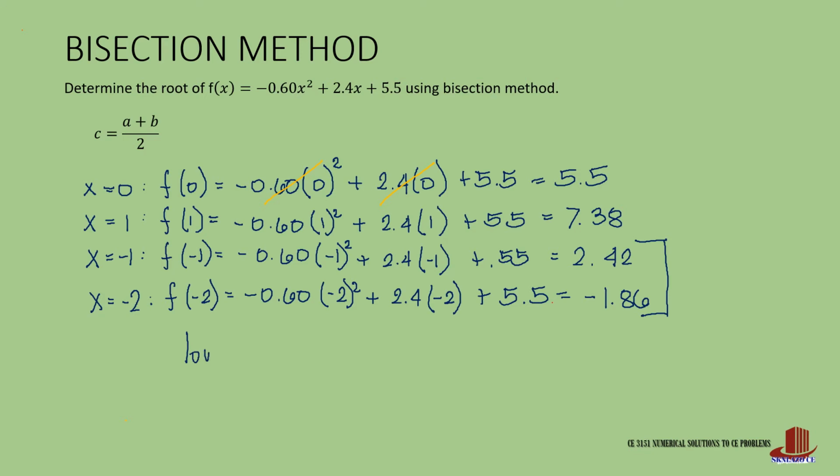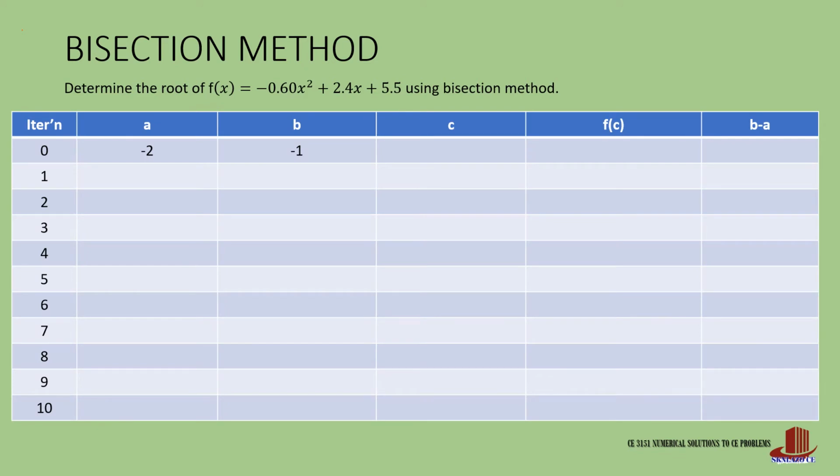Let's get our lower limit, which is equal to negative 2. This would be our value for a, and the upper limit, taken as negative 1, would be our value for b. Now let's continue our bisection method using a table.